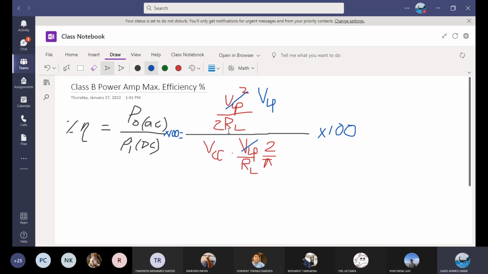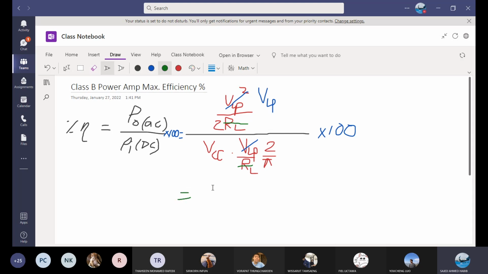And then you have 1 over RL and 1 over RL. You're dividing them. The RL term gets cancelled out. What do we have? Pi goes on top and then multiplied by VL peak, 1 over 2, and then divided by 2, you have 1 over 4.